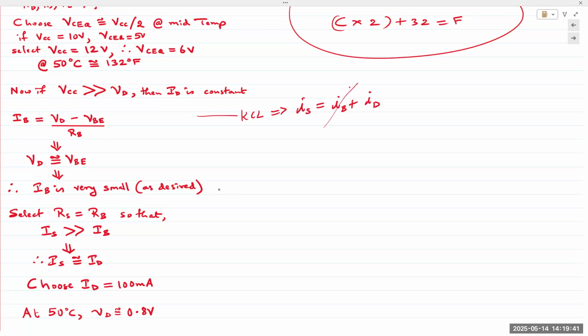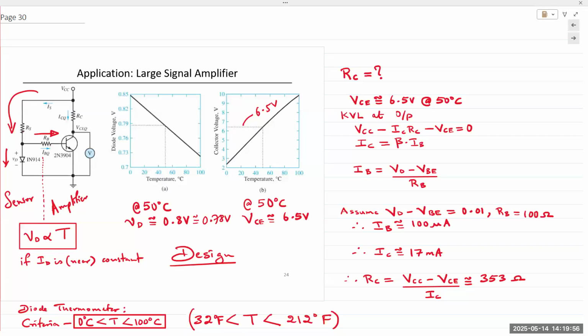Now, IB is going to be very small, or very negligible. And then we can write IS is pretty much equal to ID. So if we keep IS constant, then ID would be almost constant, right? Because that's the entire current that's coming from the top.